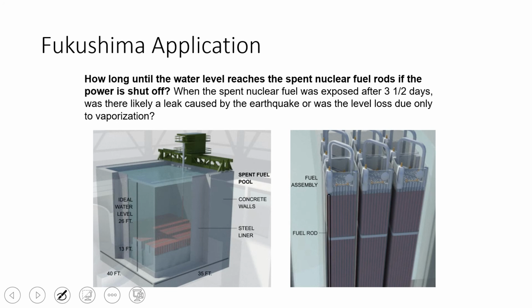That was very simplistic. Let's say you had the Fukushima Reactor after the earthquake. The water level is designed so that you get coverage of those fuel rods down at the bottom for an extended period of time, but there's indications that hydrogen was given off and the spent nuclear fuel was exposed after 3.5 days.